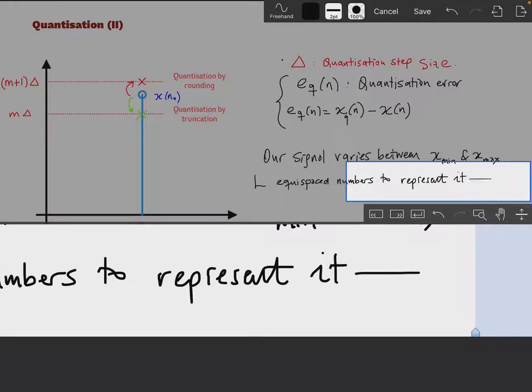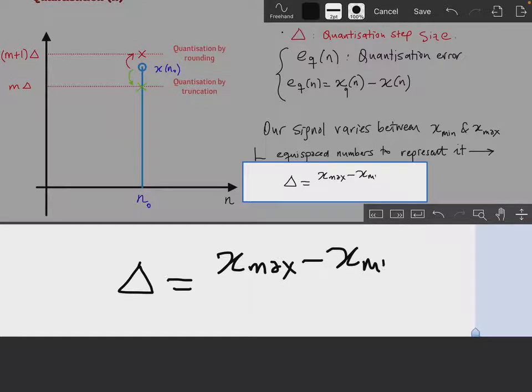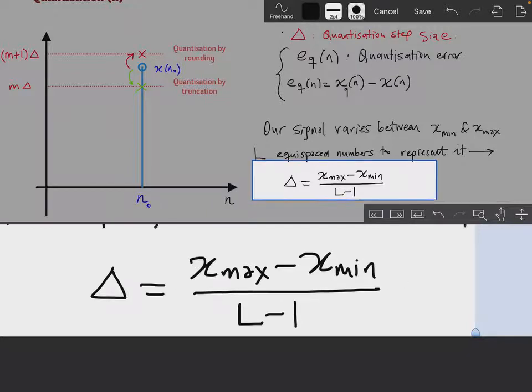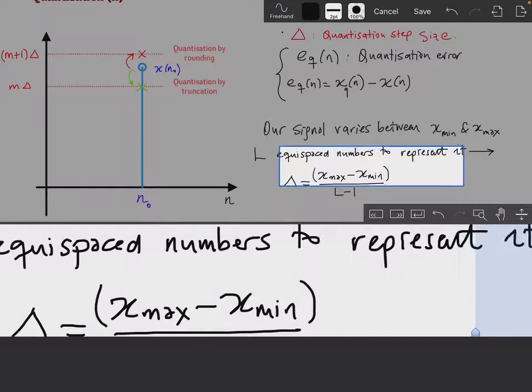Then our quantization step size is delta equals x max minus x min over L minus 1. That's the number of intervals between the maximum number in your set and the minimum number. Because you have L numbers, you're going to have L minus 1 intervals. So you're dividing that range into L minus 1 intervals. And this part, x max minus x min, is called the dynamic range of the signal.